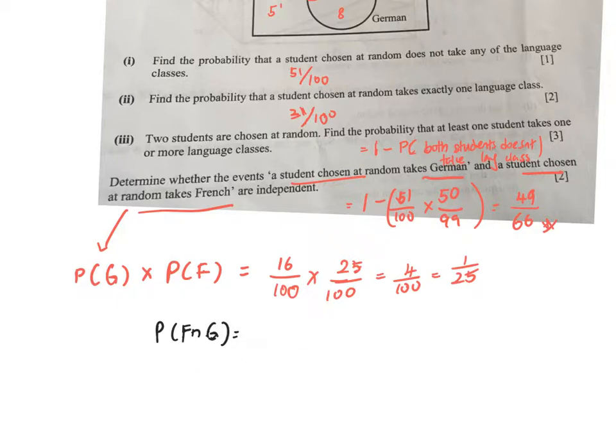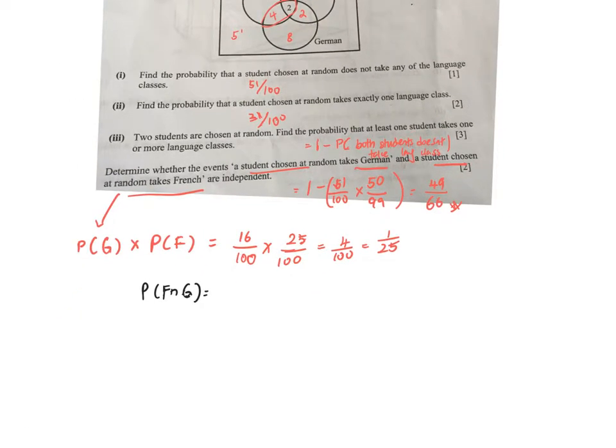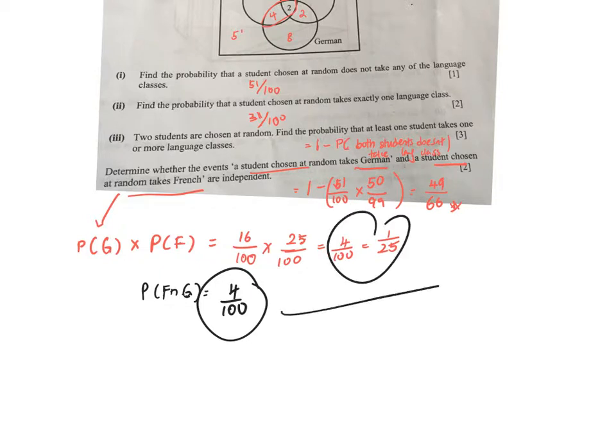So what's the probability? If you look over here, the number of students that take both German and French is 4. This means that out of the total 100 students, we have a probability of 4 over 100 of students taking German and French. Take a look at these two. They are actually the same.